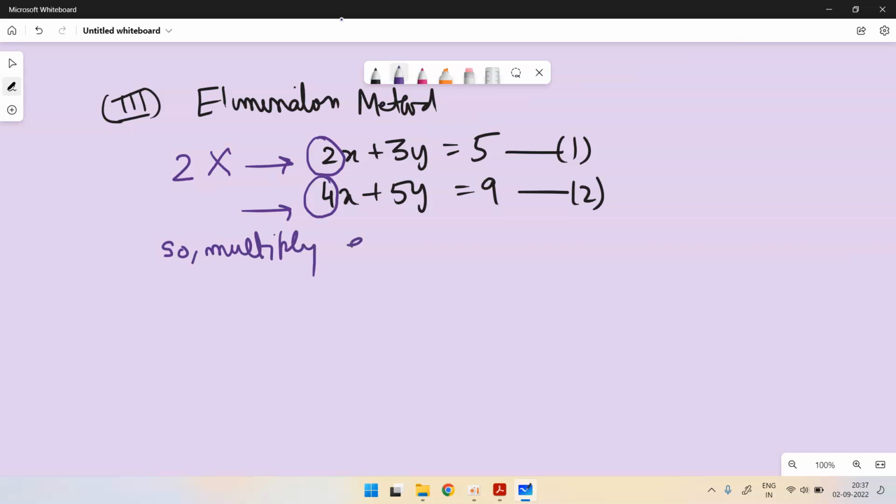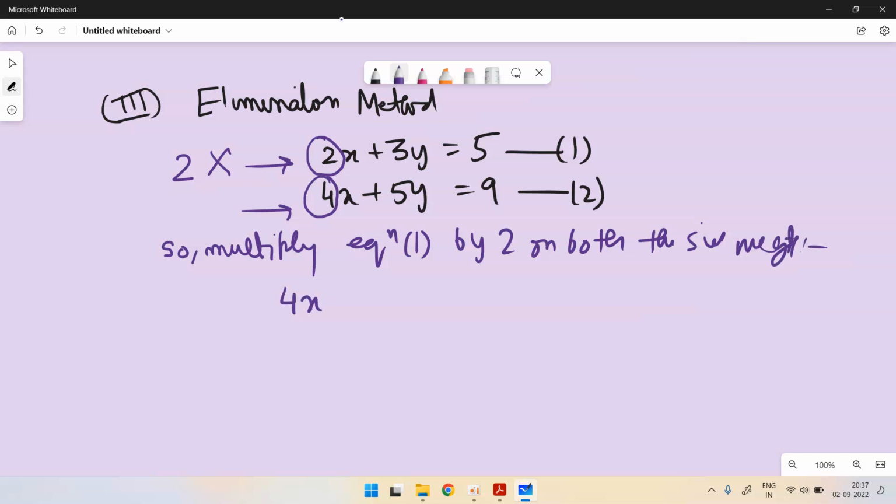Multiplying equation number 1 by 2 on both sides, we get this. So 2 into x is 4x, plus 3 into 2 is 6y, equal to, I'm multiplying both sides, 5 into 2 is 10.